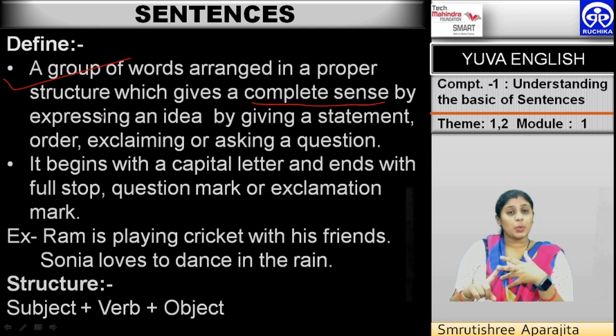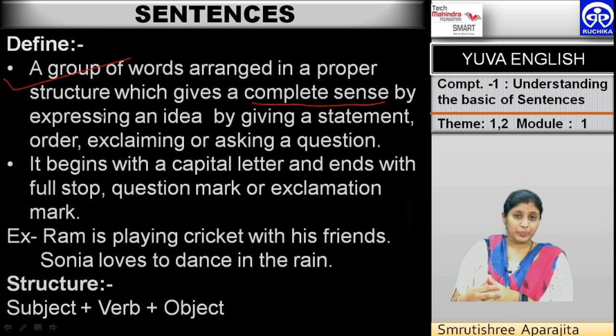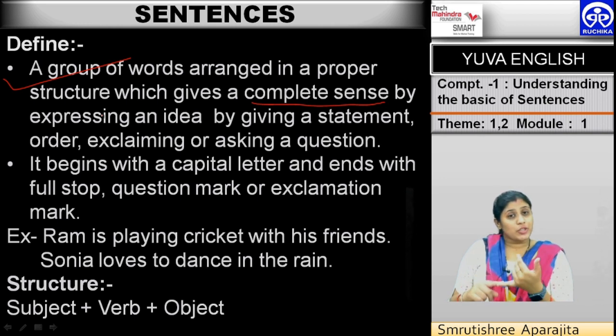It can end with an exclamation mark when we utter some sudden feelings. I'll repeat once again. When we ask a question, we put a question mark. When we declare or assert something, we give a statement, we put a full stop at the end of the sentence. When we show our sudden feelings, we put an exclamation mark.